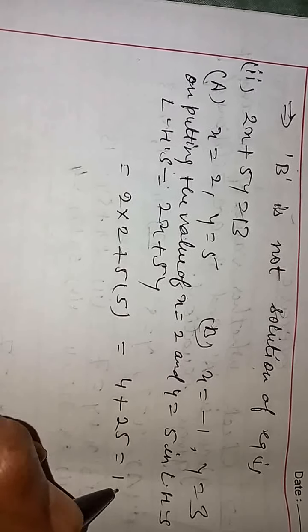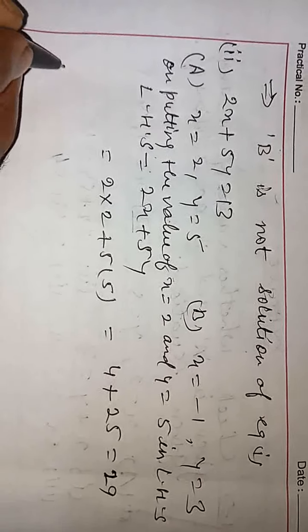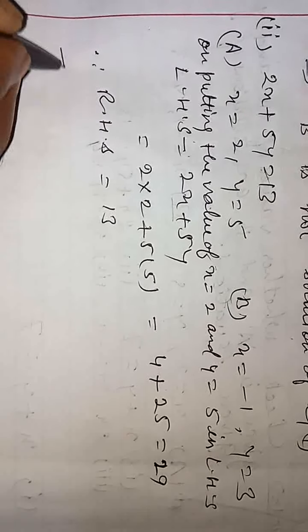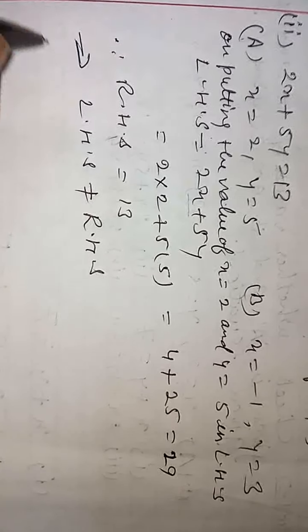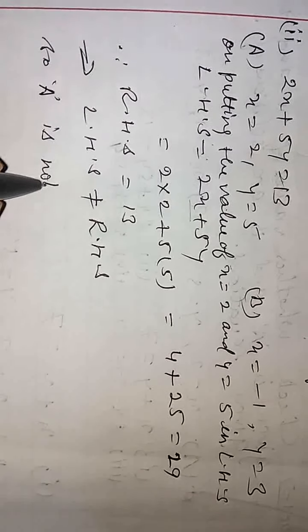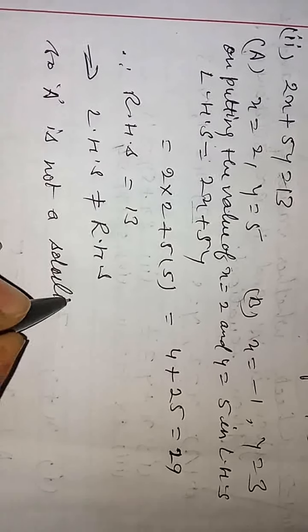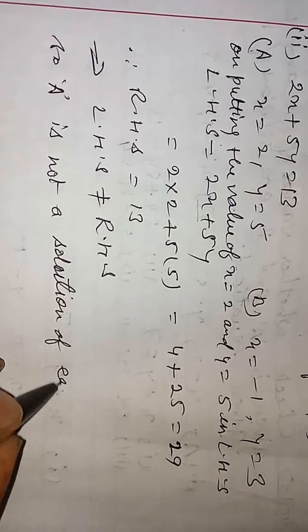Answer will be 29. Since RHS is equal to 13. This show that LHS is not equal to RHS. So A is not a solution of equation second.